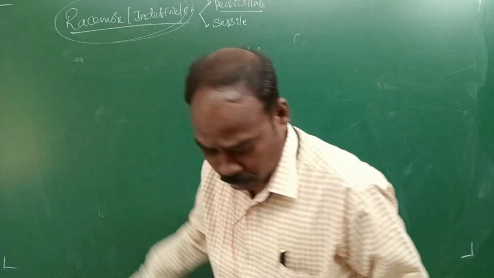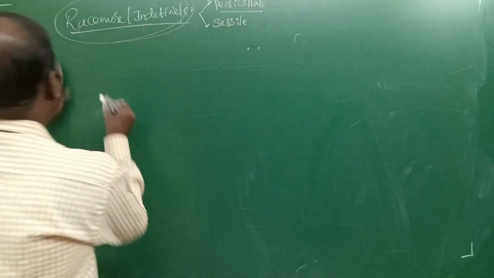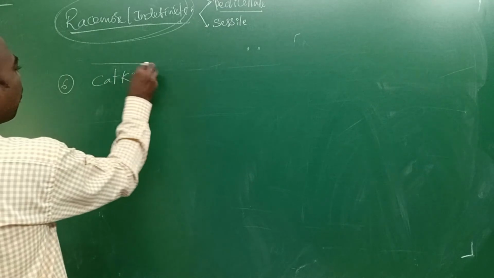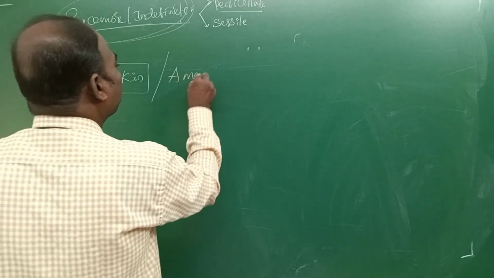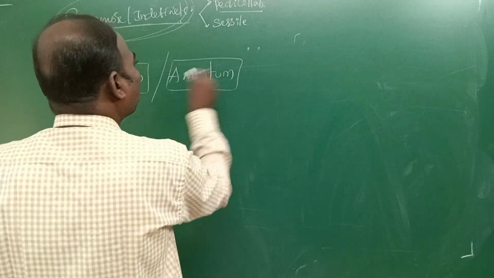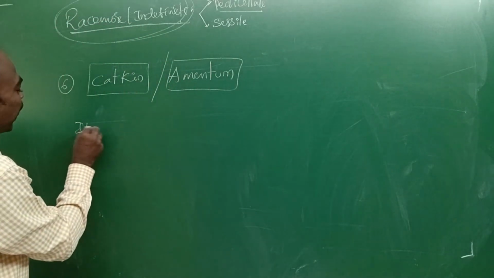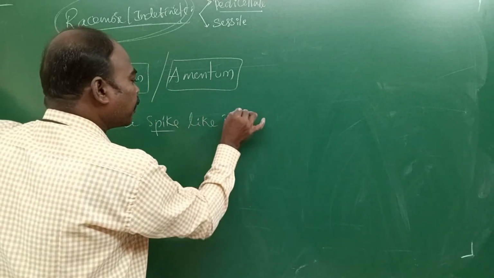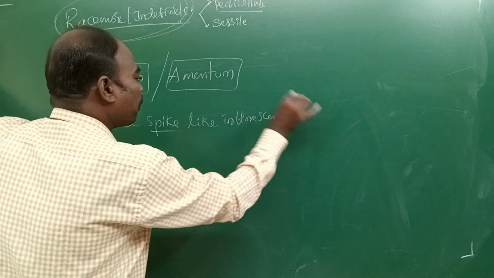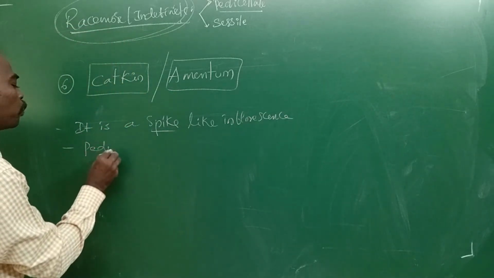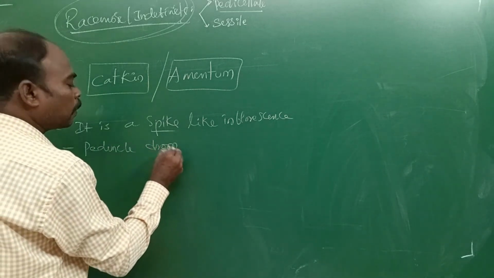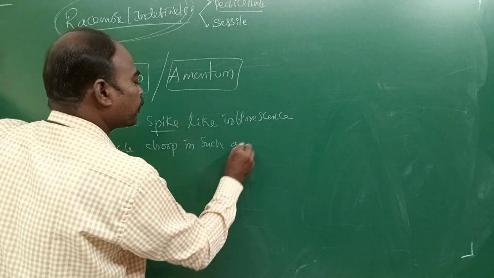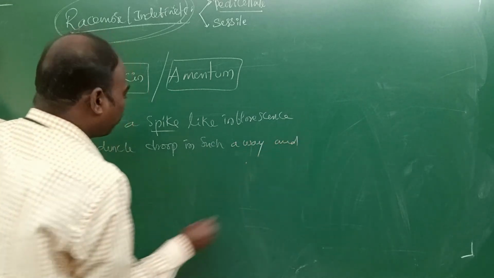Then the final one in the racemose is the catkin or amentum. It is a spike-like inflorescence, but the peduncle droops in such a way and bends.